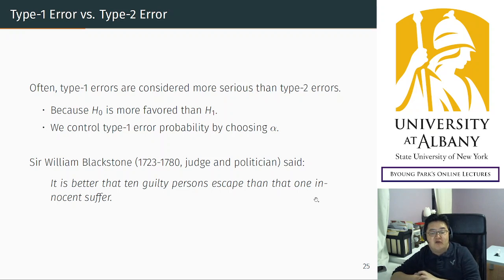So the null hypothesis is that the defendant is innocent. So you should respect that much more than catching the criminals, right?